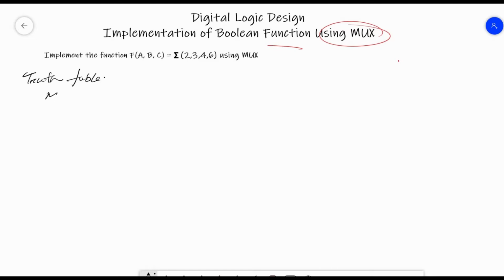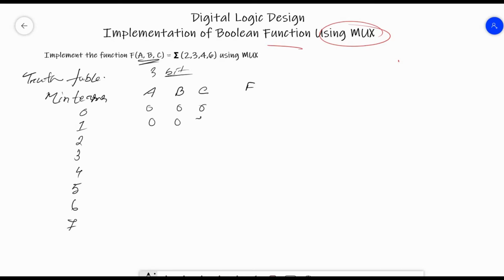So here we are given the min terms, and then we have A, B, C, and then we have F. There are 3 variables, that means this is a 3-bit system, so there will be 0 to 7. We'll denote it using binary: 0 0 0, 0 0 1, 0 1 0, 0 1 1, 1 0 0, 1 0 1, 1 1 0 and 1 1 1.